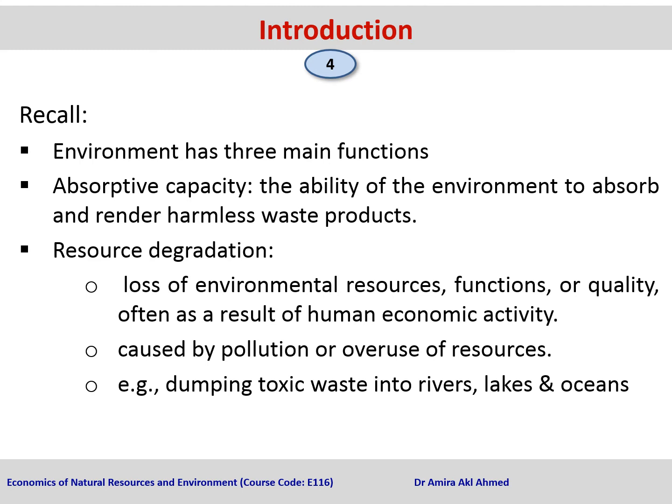In other words, fish may not grow, they may produce less, and some fish may die. Furthermore, resource degradation can also be caused by other types of pollution or very intensive use of land, for example, for farming.